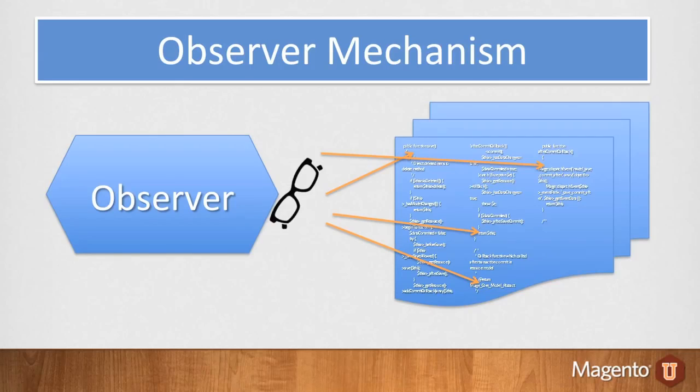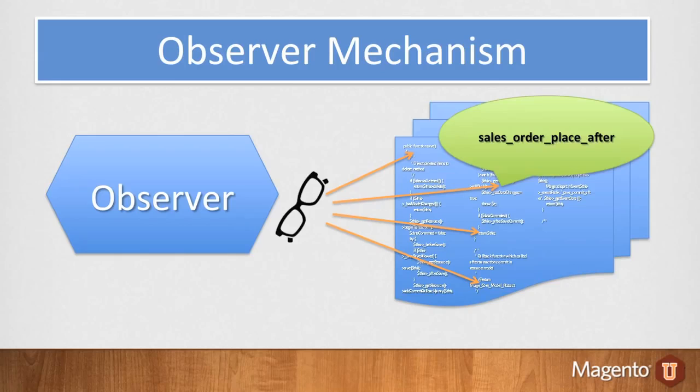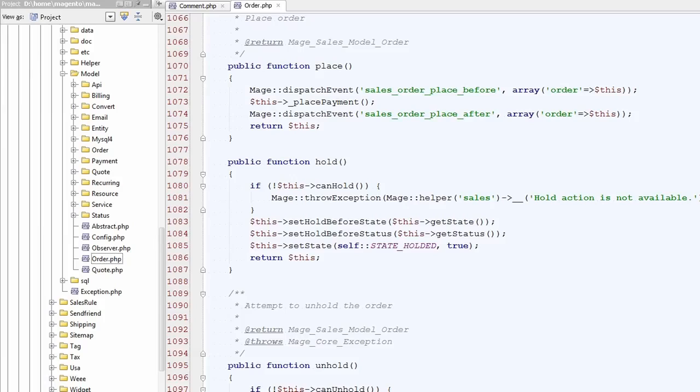In Magento, the observer concept is very close to the listener concept, which is popular in other programming languages. For example, when the system stores an order, it fires lots of events, and among them is the sales order placed after event. Our model relies on this event. Before we define an event observer, let's see where the system fires that event. Open the Mage Sales Model Order.php file and scroll to line 1074.